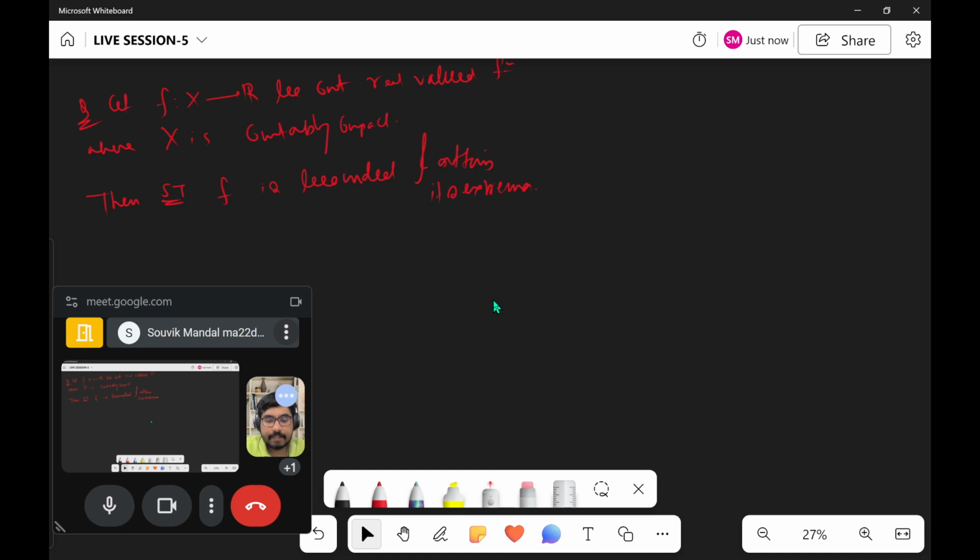So basically, it is countably compact, that is every countable open cover has a finite subcover. Now show that it is bounded and attains its extrema. Basically, you have done the same thing with compactness. When this was compact, the same thing you have done, right?